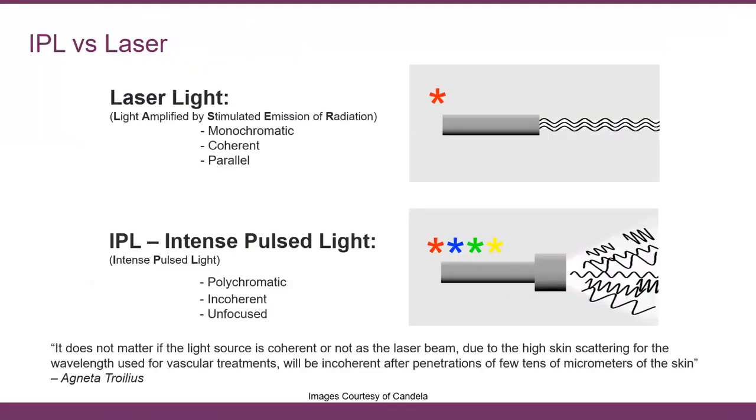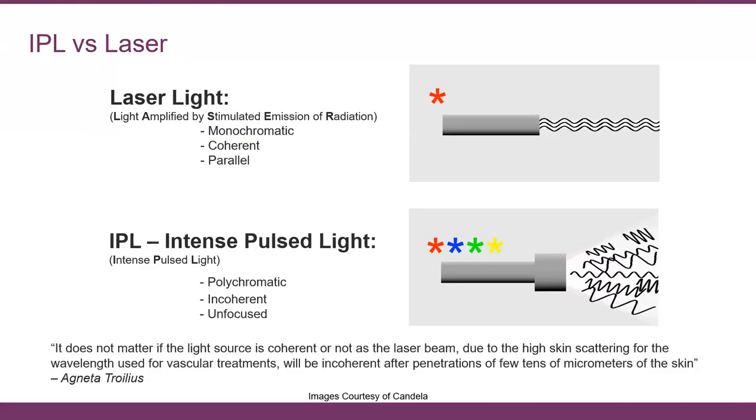Another question that gets asked a lot is, what is the difference between an IPL and a laser? Really, there's three main elements that differentiate a laser from an IPL. Laser is light amplification by the stimulated emission of radiation.